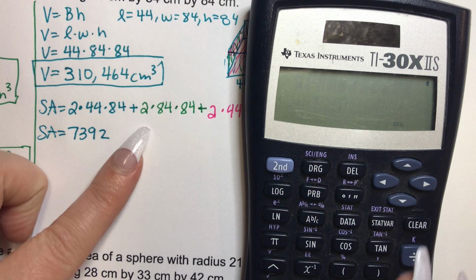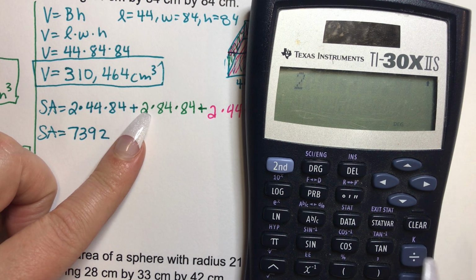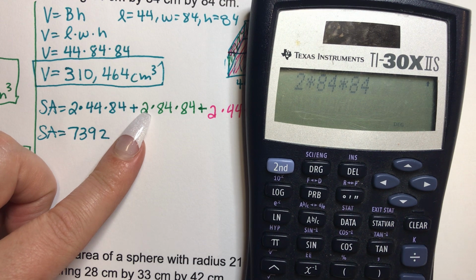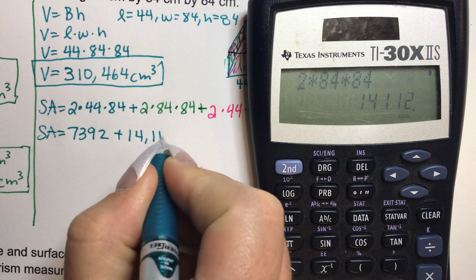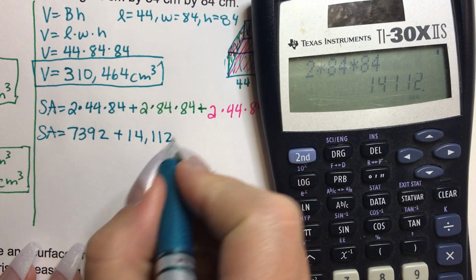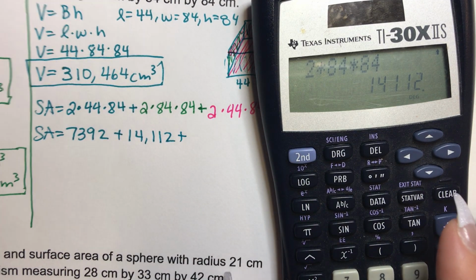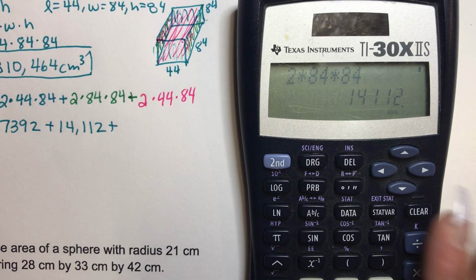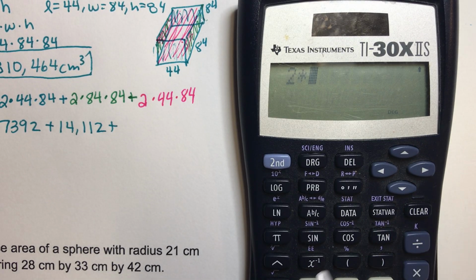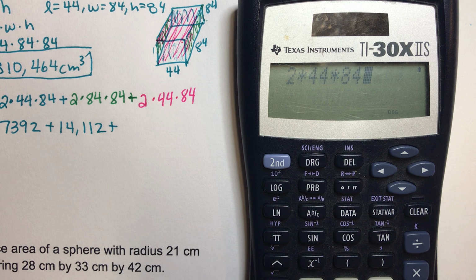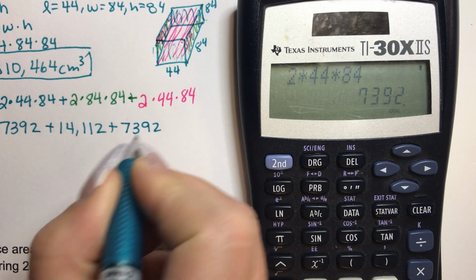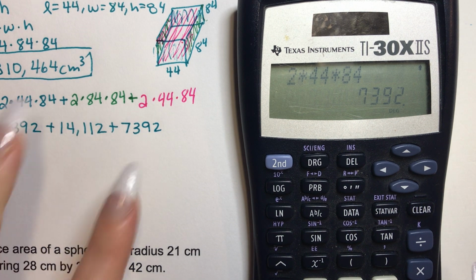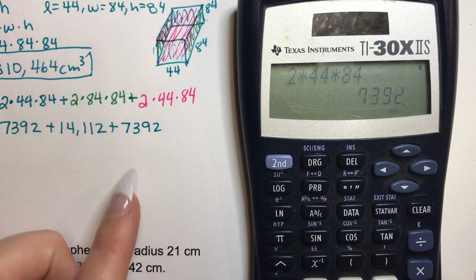Okay, then we're going to do this one, 2 times 84 times 84 equals 14,112, plus, we'll clear this out, 2 times 44 times 84, 7,392.